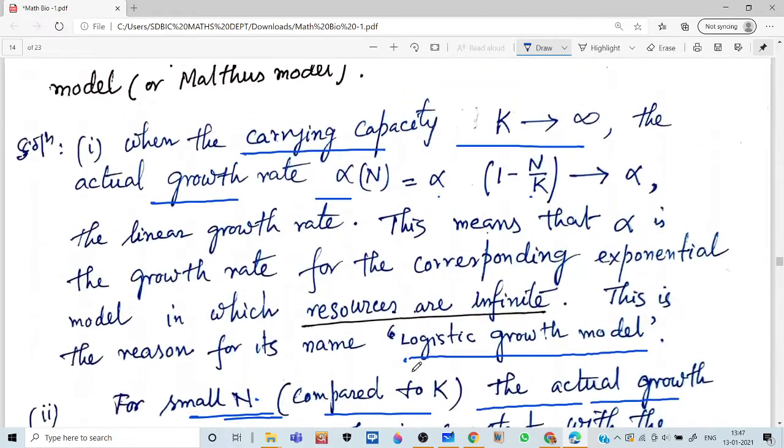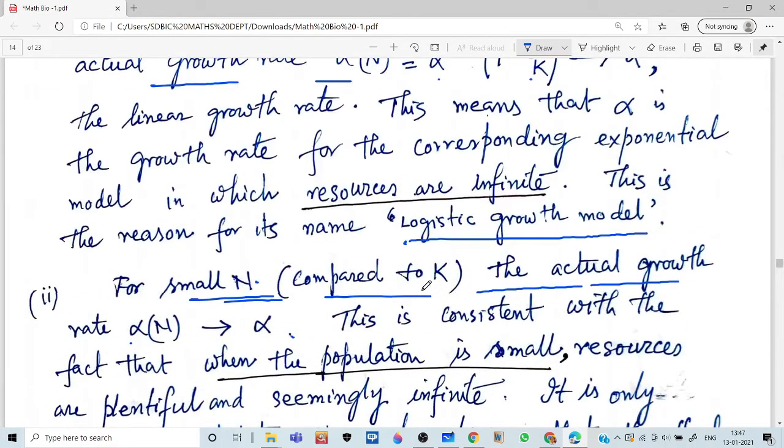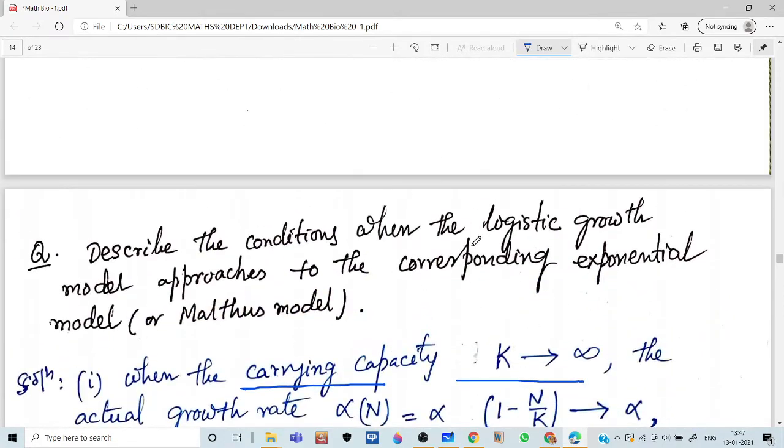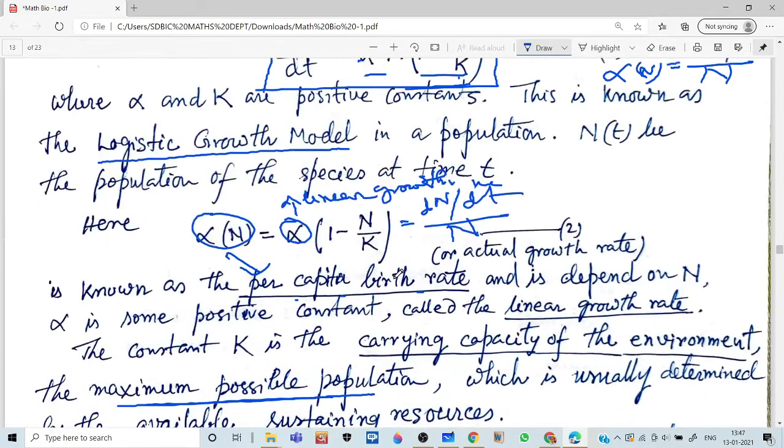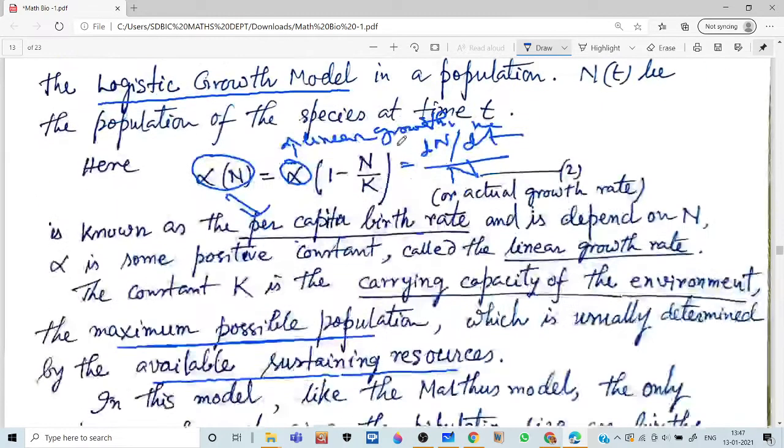So by these two conditions, carrying capacity k tending to infinity or population size n being very small, the logistic growth model tends to the exponential model, that is the Malthus model.